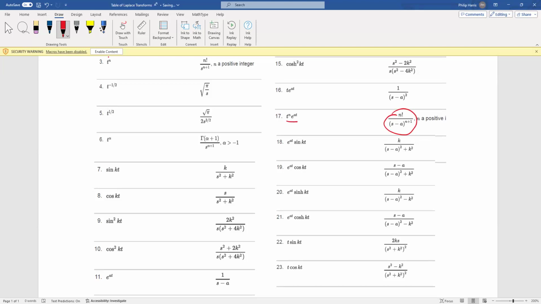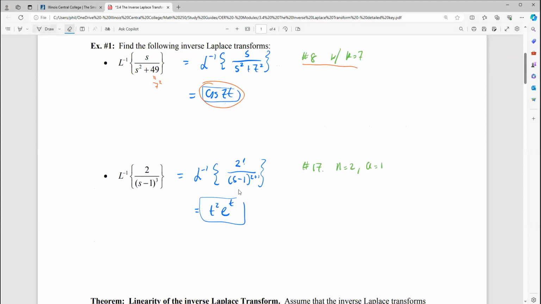Again, we're using the table in reverse. We're looking for something in the right-hand column and looking to rewrite it as the left-hand. So I need to identify the a number and the n number. In this one, I can see that we've got s minus 1 to the 3, so a equals 1.